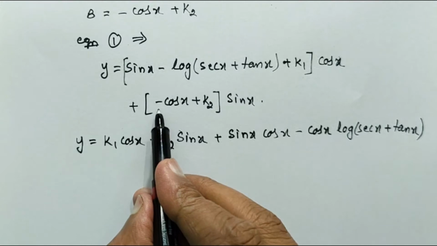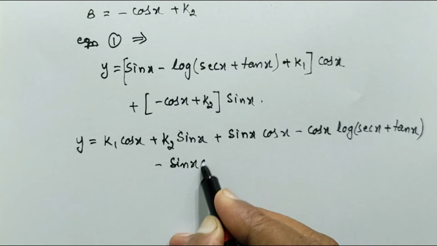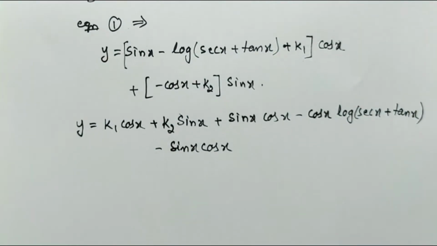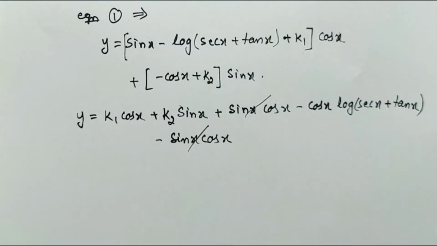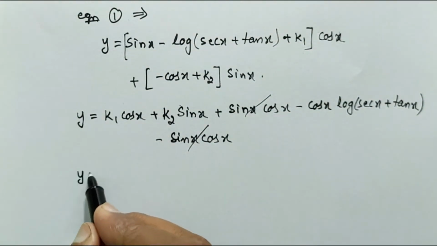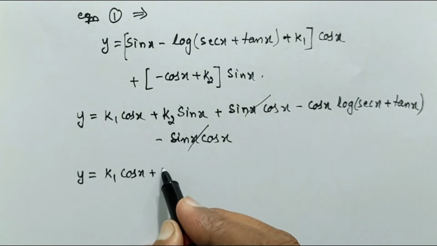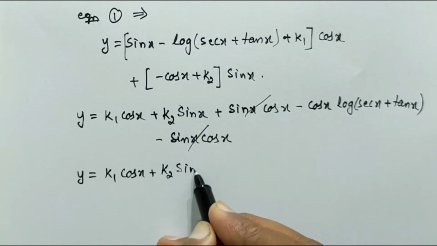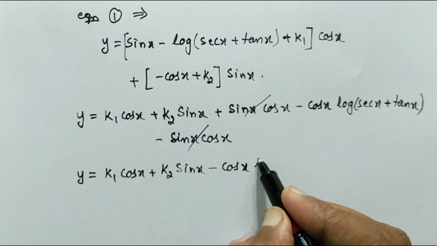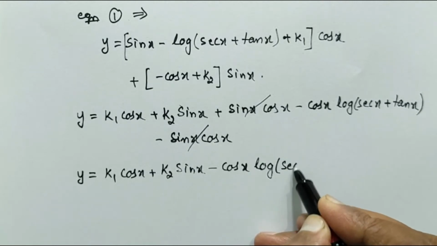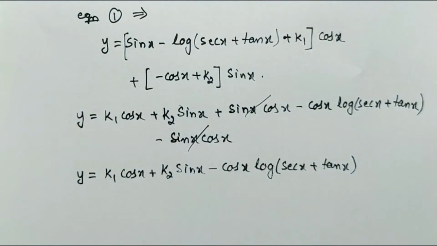And further you are left with this minus cos x into sin x, which will be minus sine of x into cos of x. So we can see that this plus sin x cos x will cancel out with this minus sin x cos x. So you are left with y is equal to k1 times cos of x plus k2 times sin of x, then minus cos of x into log of secant of x plus tan of x. That is the required solution.